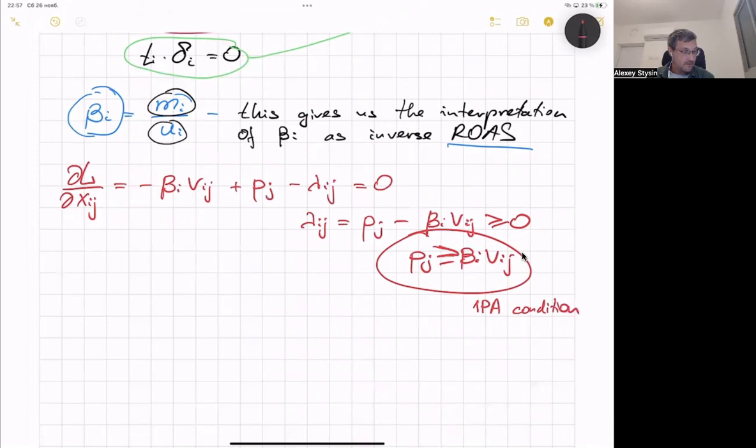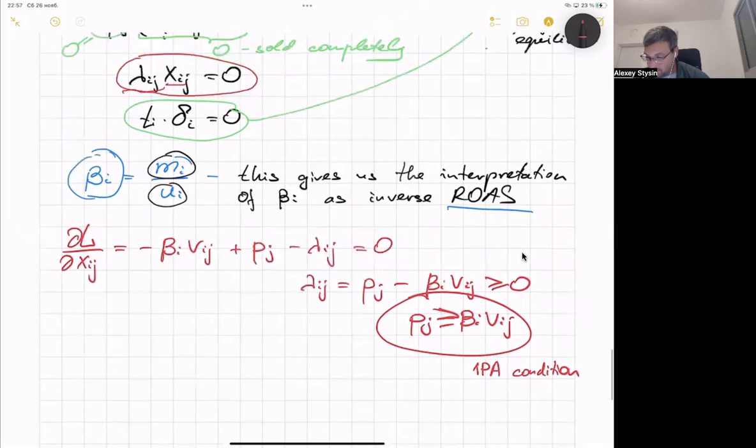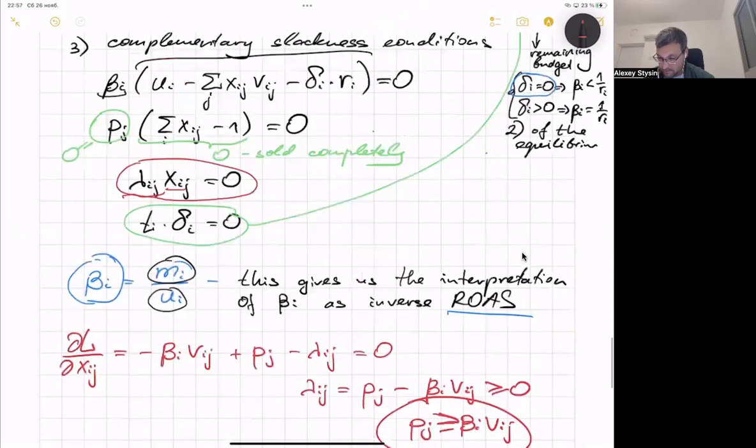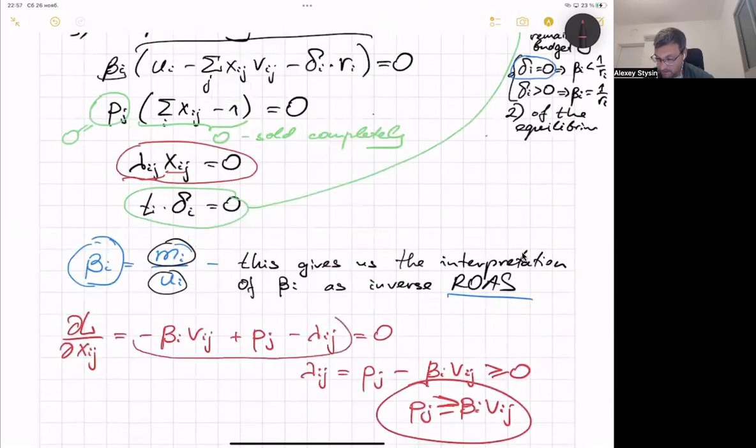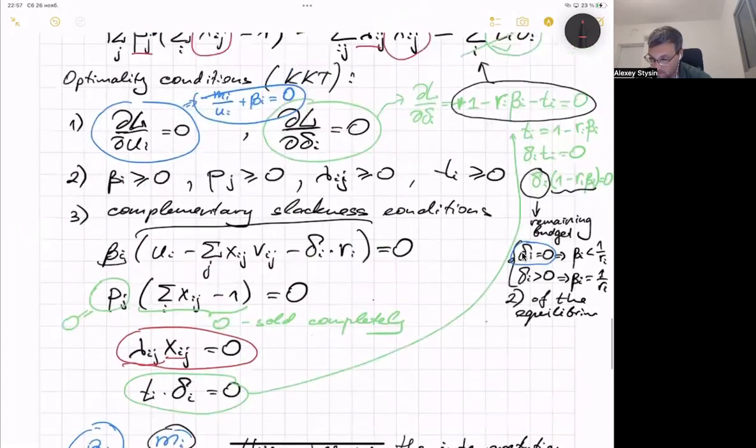Okay. This is good. So if we substitute this thing back, what will happen?